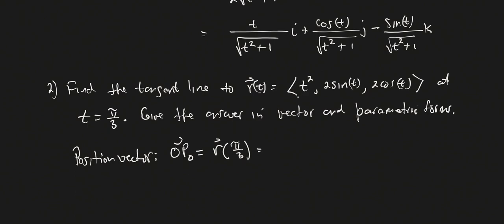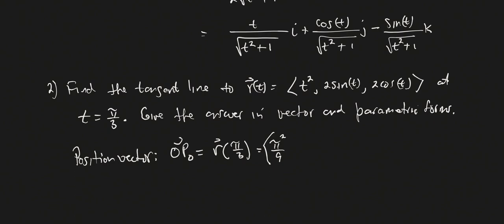When I square pi over 3, I am going to get pi squared over 9. Actually, I'm doing it in the angled bracket form. So the first component is pi squared over 9. For the second component, we plug in pi over 3.